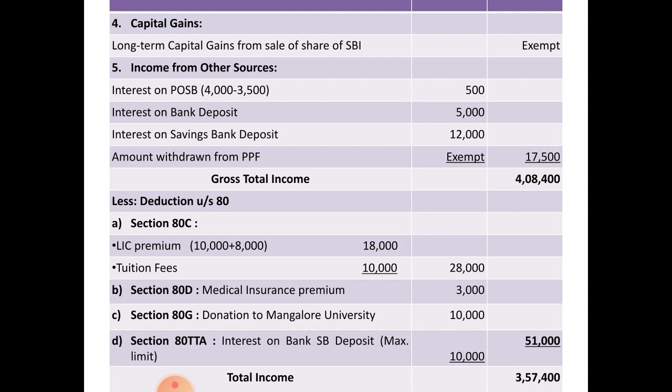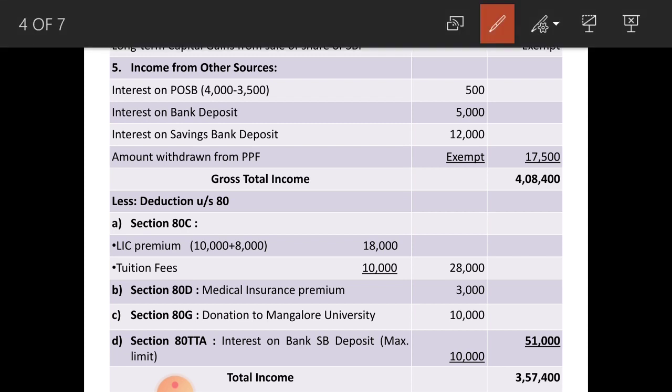Second one, interest on bank deposit 5,000 and interest on savings bank deposit 12,000. See here, the whole amount 12,000 is taxable under the head income from other sources, and it can be deducted up to 10,000 under section 80TTA. Under section 80TTA, interest on bank SB account up to 10,000 can be deductible, but here the entire 12,000 is taxable.